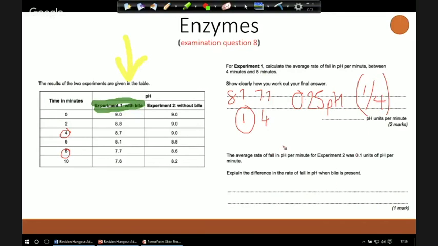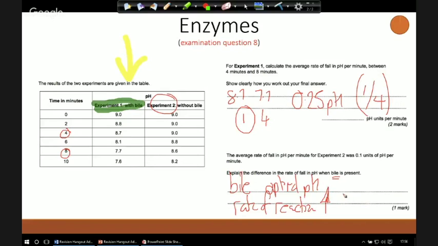And the last question. The average rate of fall in pH per minute for experiment 2 was 0.1 units of pH per minute. Explain the difference in rate of fall in pH when bile is present. Well, bile is giving us an optimal pH for our enzymes to work. And so because of this optimal pH, the rate of reaction is big.